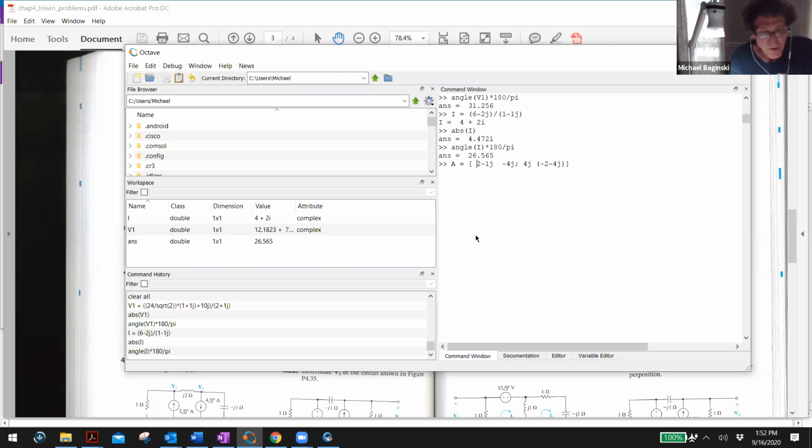I'll tell you one thing, you want to do this if you're using Octave or MATLAB to check your answers. And the next one on the top row is what? Minus the quantity 1 minus j. I'll put it in there that way. And then the second row is 1 minus j, 1 minus 2j.